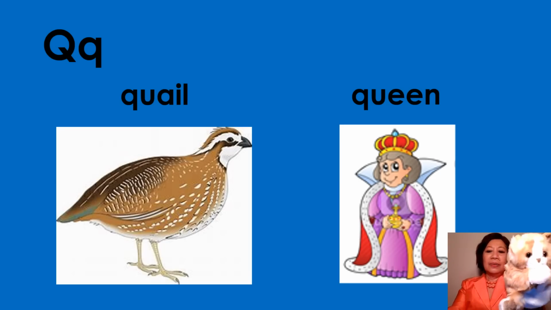Q. Q says Qu as in quail. A quail is a small, short-tailed bird that resembles a chicken. Q. Q says Qu as in queen. A queen is a wife or widow of a king who rules a country.